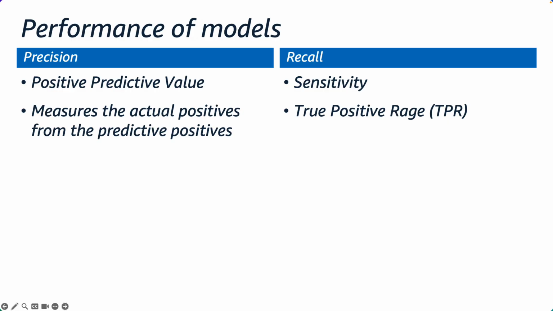Precision measures the actual positives from the predictive positives, and the formula for precision or positive predictive value is the true positive divided by the true positive plus the false positive. The answer will be 0 to 1, and 1 or the higher value is better or more precise.